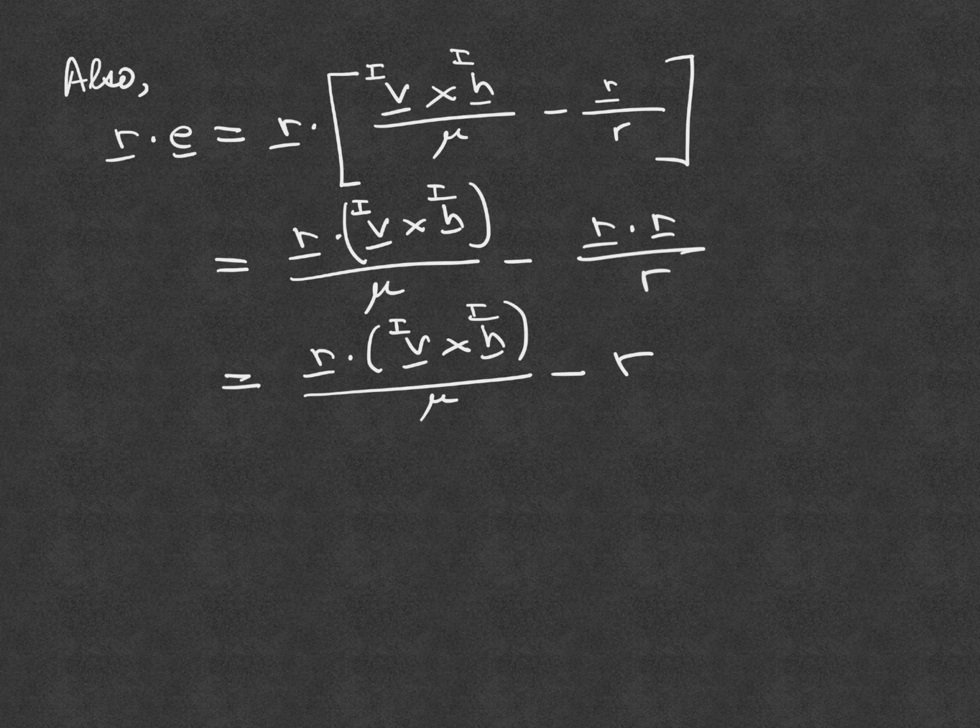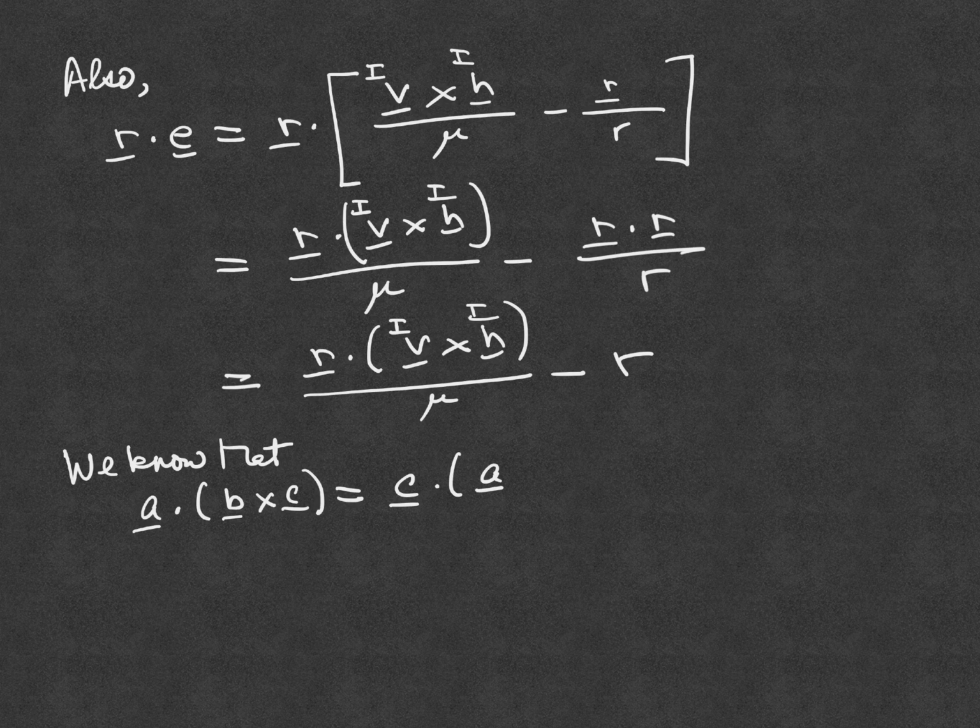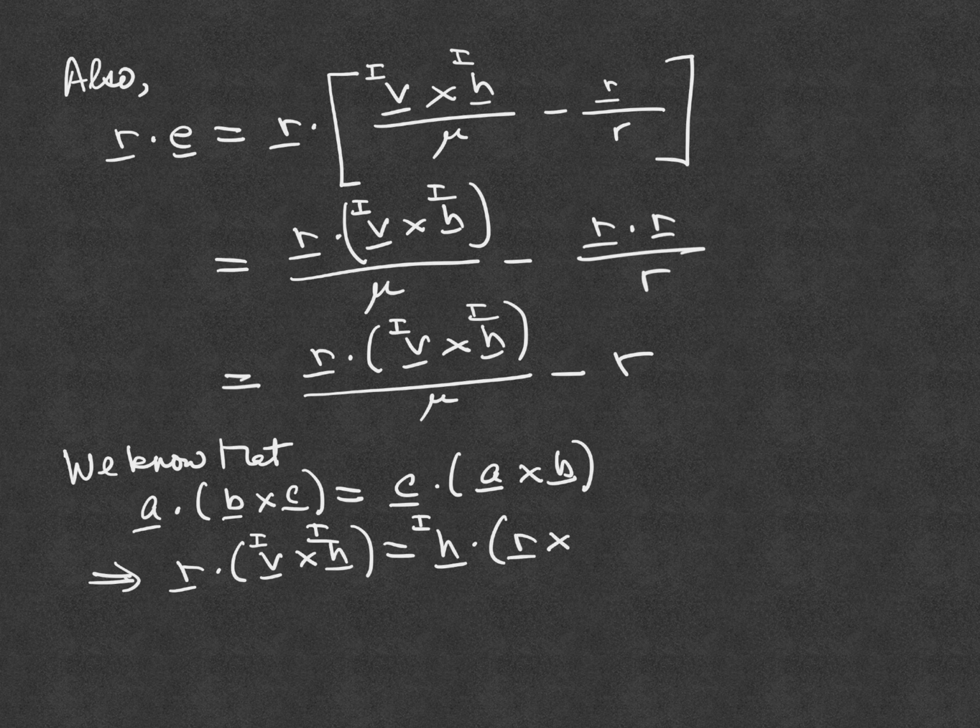So now let's work with this dot product. So we know, and this is again from vector algebra, that A dotted with B cross C is equal to C dotted with A crossed with B. So that implies that R dotted with VI crossed with HI is equal to HI dotted with R crossed with VI, just using that triple scalar product rule.